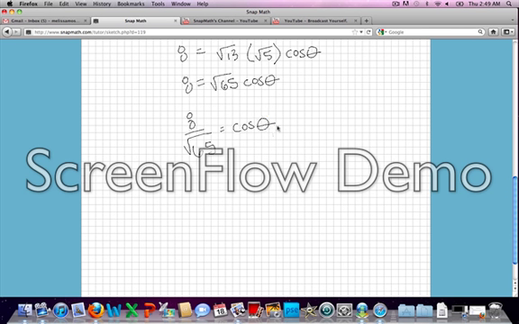Once I've solved for cosine theta, I have 2 directions I can go. To find theta, if I recognize the cosine of theta as the cosine of one of the 3 basic angles I learned in trig class, pi over 6, pi over 4, or pi over 3, then I can solve for theta that way.